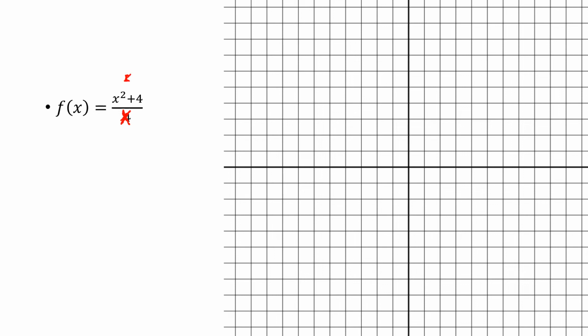So the degree down here is 2, whereas the degree here is 1. So it's bigger on top. We know there's no horizontal asymptote, but because it's exactly 1 degree more in the numerator than in the denominator, there is going to be a slant asymptote.